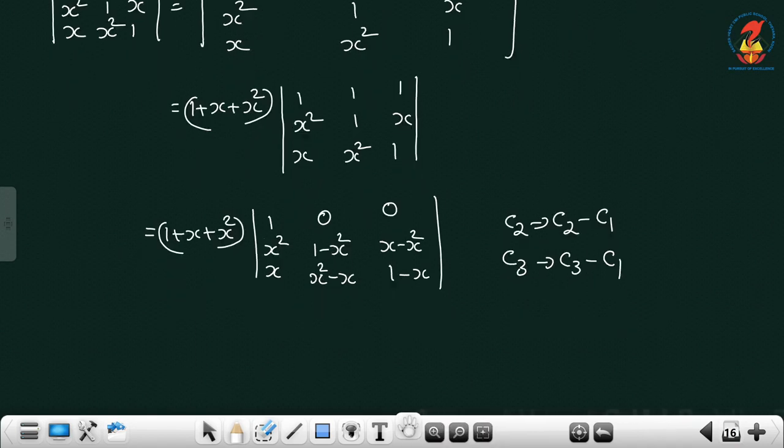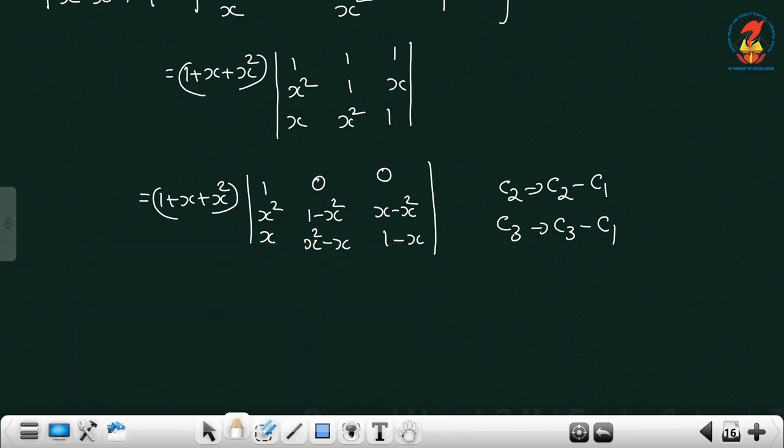Now, is anything common in the second column and third column? We can factorize 1 minus x² as (1 minus x) into (1 plus x).